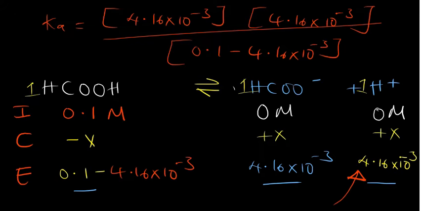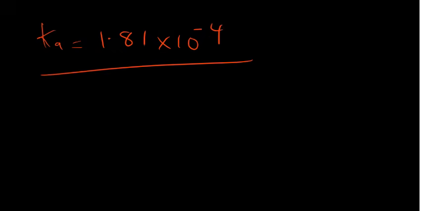So on my calculator I'm trying to perform everything. 0.1 minus that divided into that. Okay, so the answer I'm actually getting here is the value of Ka is equal to 1.81 times 10 to the power negative 4. So Ka has got no units.